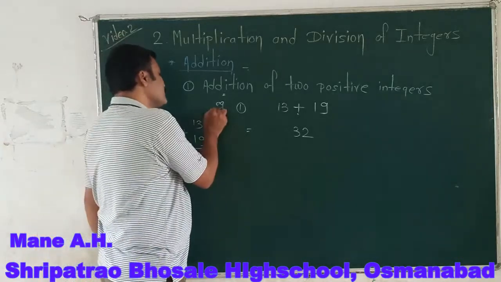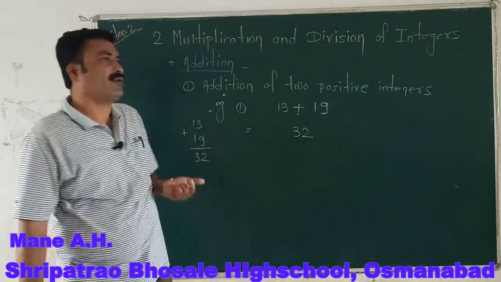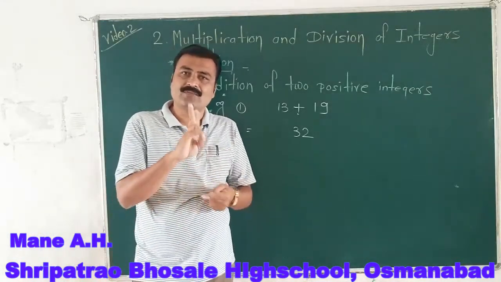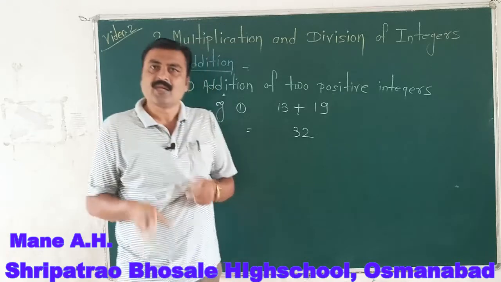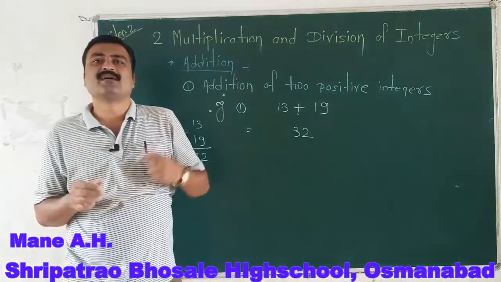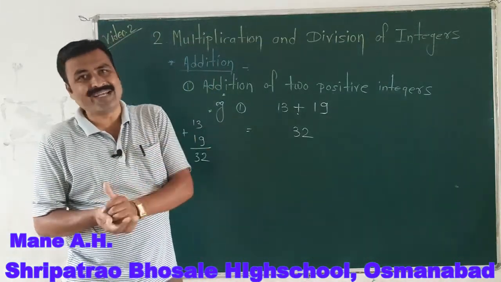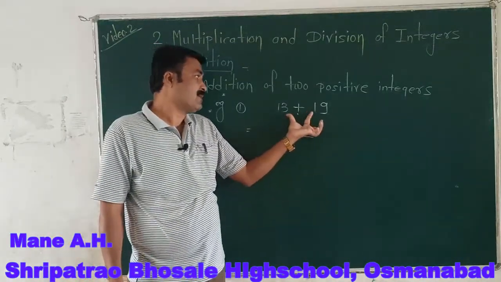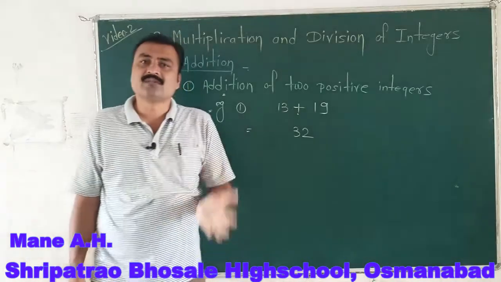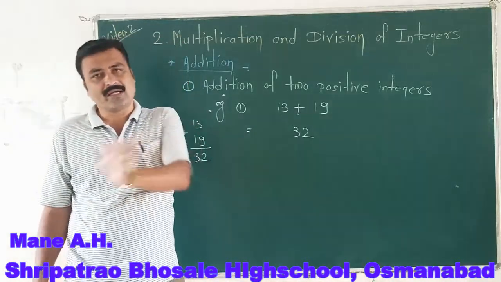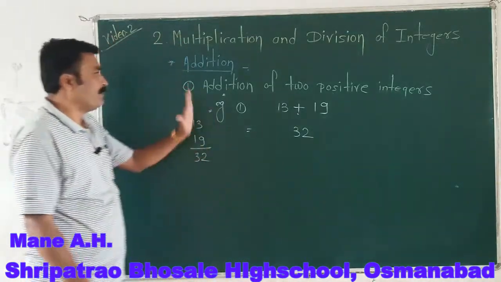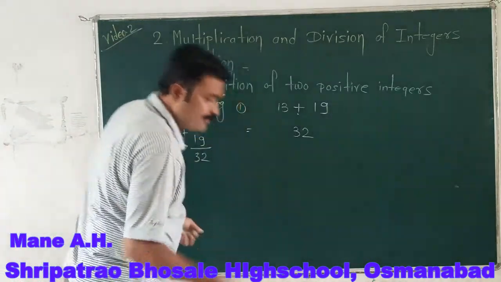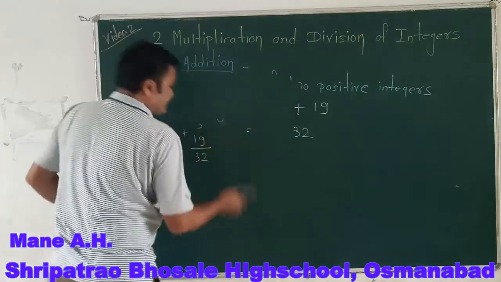Now from this first example, I want to explain that when we add two positive integers, their sum always comes in the form of a positive integer. दोन धनपूर्णांक संख्यांची बेरीज जर आपण केली तर बेरजेचं उत्तर हे नेहमी धनपूर्णांक संख्याच असतं. हा पहिला नियम तुम्हाला लक्षात ठेवायचा आहे.